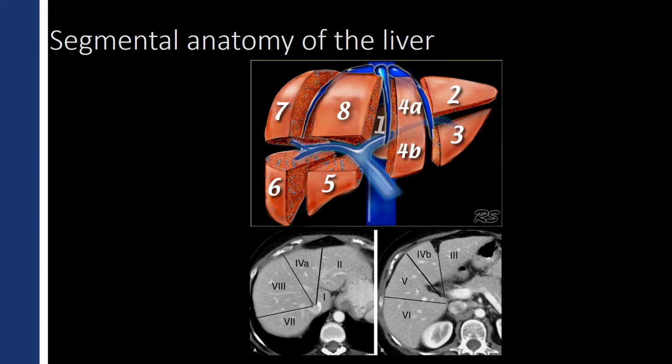If they're going to have to resect a portion of the liver, they need to know where a tumor is, how much of the liver they're going to have to resect, what segments they're going to have to resect. It's also important for prognostic information in patients with cancer within the liver, how many segments and which segments are related to their prognosis. But again, here's the hepatic veins running vertically, the portal vein running horizontally.